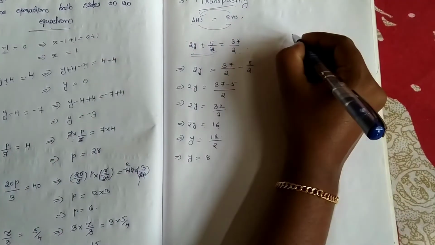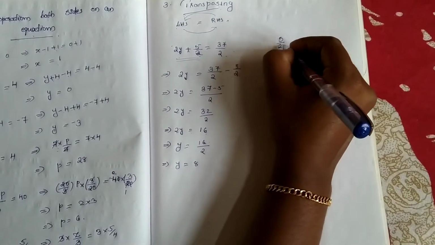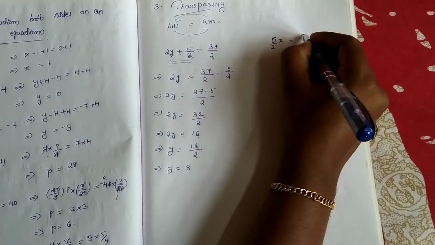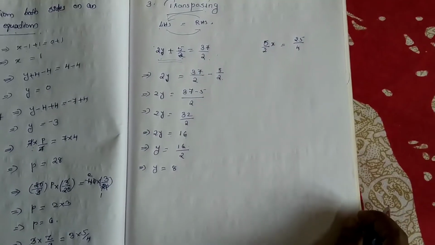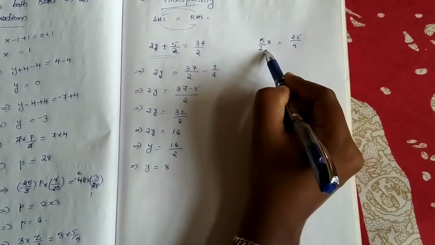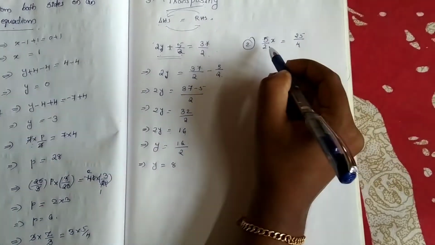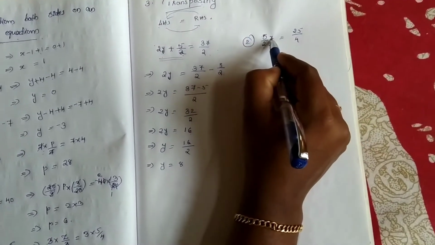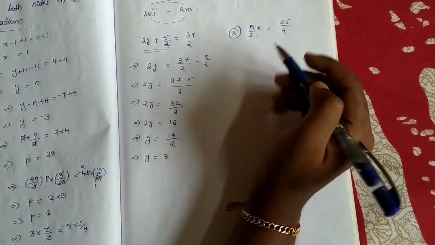Next question. 5 by 2 x is equal to 25 by 4. Here also this is the LHS and this is the RHS. Then 5 by 2 is the coefficient of x, so we want to move it to the opposite side.